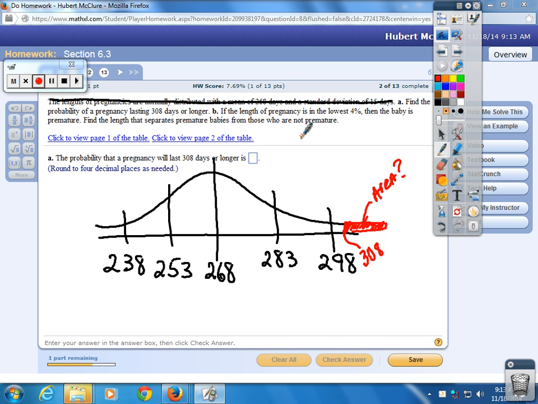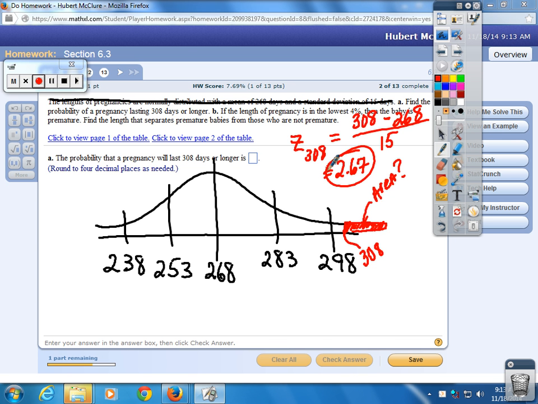So z of 308 is equal to 308 minus 268 over 15. What was that, 40 over 15? What does it come out to be? 2.67. So somebody crank that out on your calculator or look up 2.67.